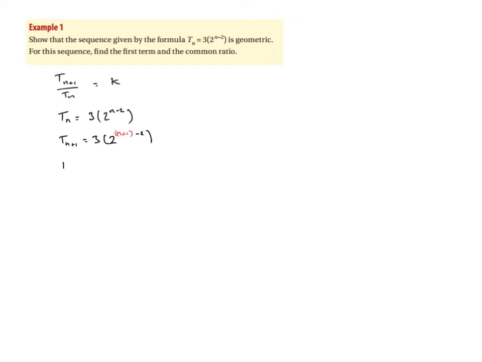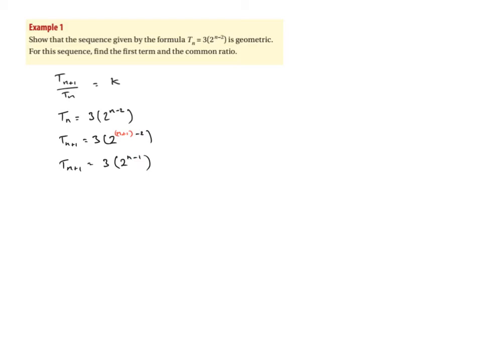And we're just going to tidy that up a bit. Tn plus 1 is equal to 3 lots of 2 to the power of n plus 1 minus 2, and that's going to be the same as n minus 1. So just to show you what I did there, 2 to the power of n plus 1 minus 2, the n is just an n, we've got plus 1 minus 2, 1 minus 2 is minus 1.